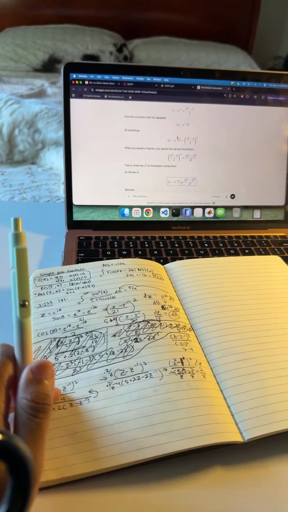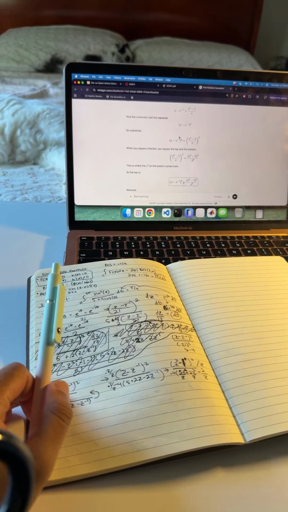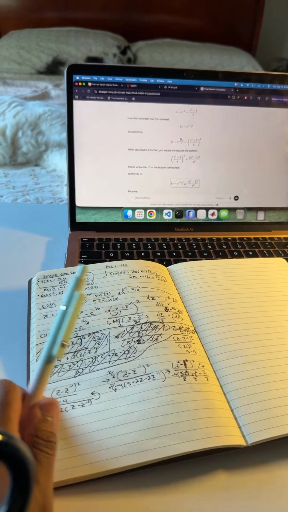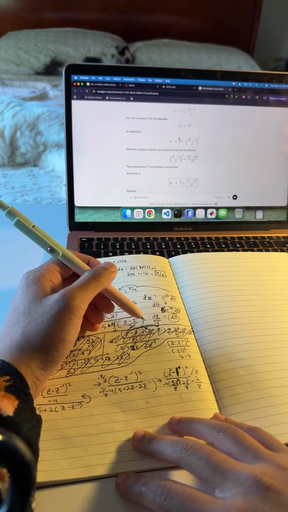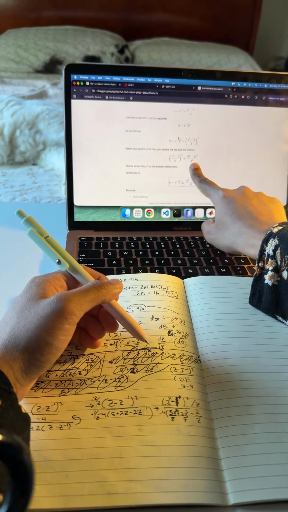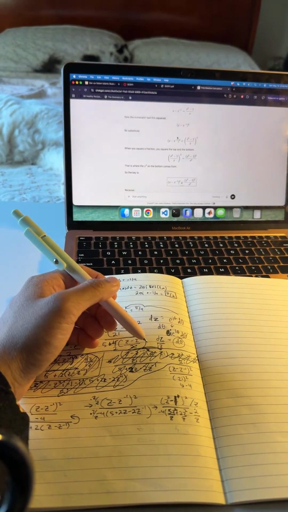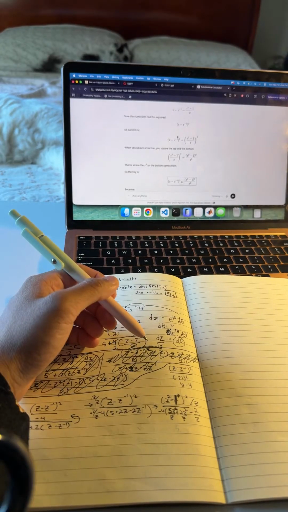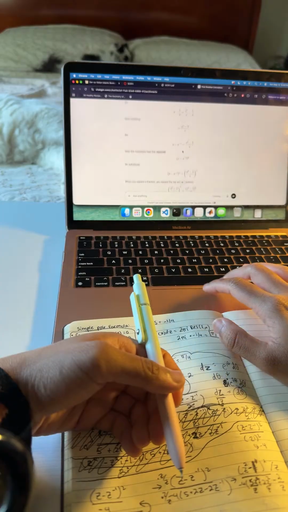Yeah, this isn't going to work. We have to change that to that to that, and then multiply top and bottom by z squared or z over z. But even if we did, why would it?